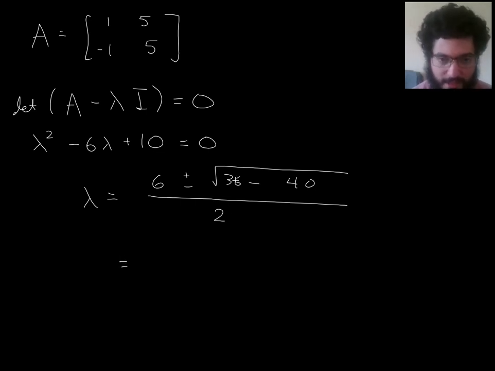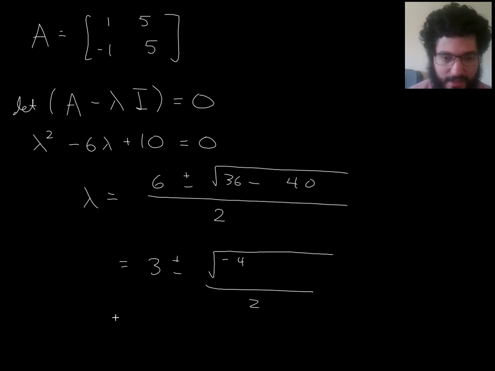And you can see under the square root is a negative number. So this is the complex roots case. This is 3 plus or minus the square root of negative 4. Let me stick the 2 inside. So that's 3 plus or minus i root 4, I times the root of 4, which is 2.